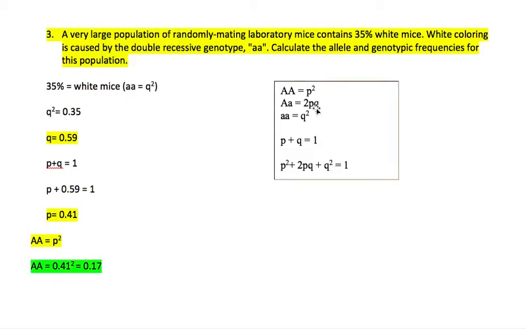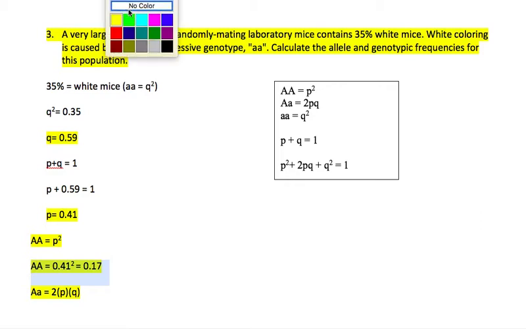Let's figure out heterozygous. That's our next genotypic frequency. Go back to yellow. Big A, little a is equal to 2pq. Still want that one to be green.